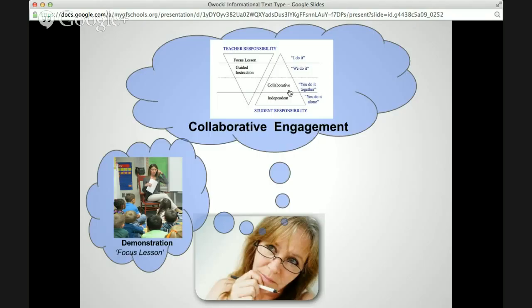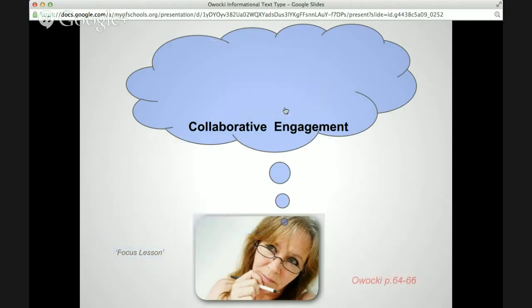Now the role of the teacher is to stand back and to watch who knows what, what misconceptions are out there that I need to reteach, and creating scaffolds and supports that we slip in more. And then eventually, after collaborative engagement, we see that students are able to produce and apply independently better.